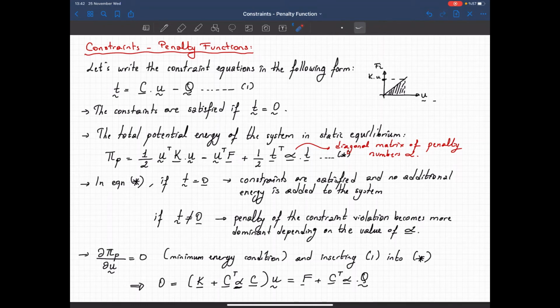Okay, just think about this way. If we don't have this term, what we will get at the end of the day will be our equilibrium condition. The equilibrium condition will give us the minimum potential energy for this system.